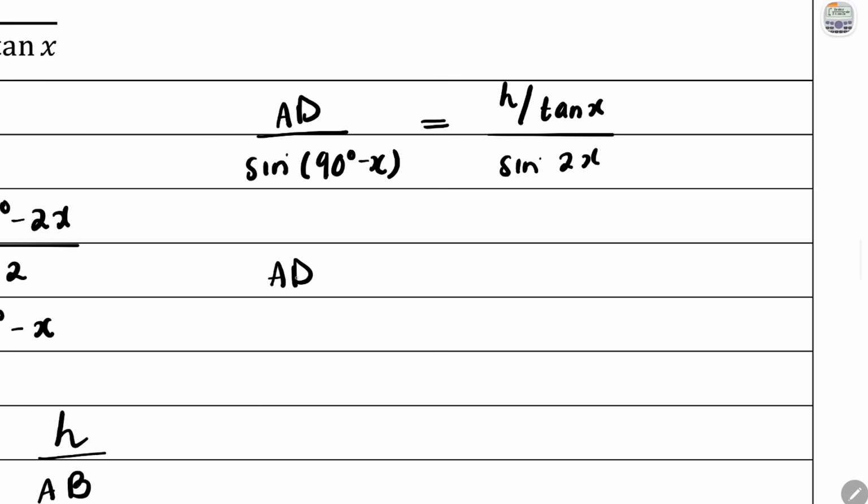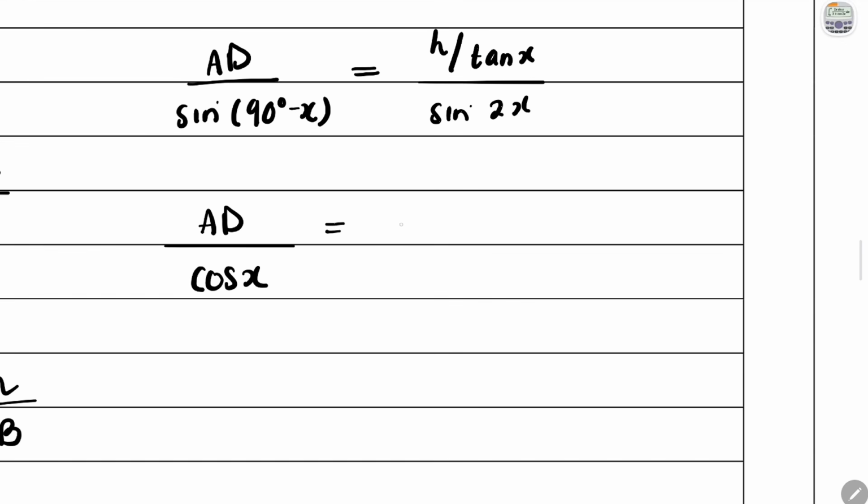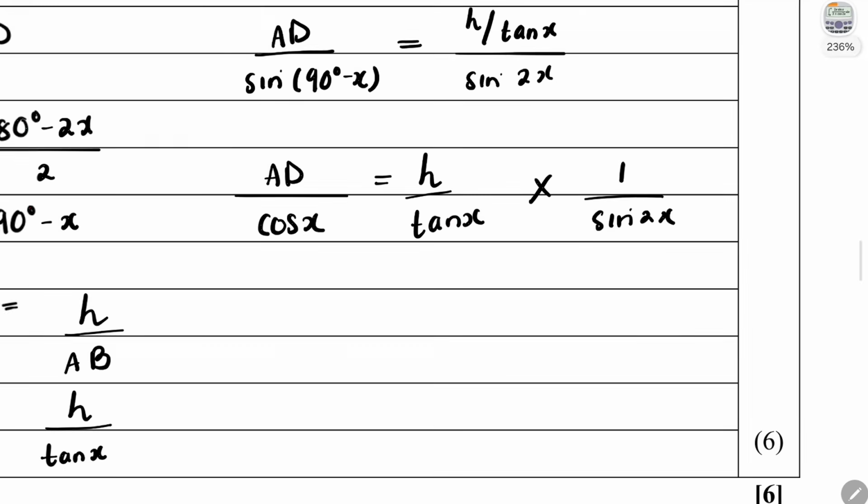So this is AD over, we can use cofunctions here to simplify that. So sine of 90 minus x is equal to cos x. And this is equal to, and this is a fraction, h over tan x, and we are dividing by sine 2x. So we can use tip and times here. So if you put this over 1 to make it a fraction, you're going to have to tip it, meaning swap the numerator and denominator, and then change the division to a multiplication.